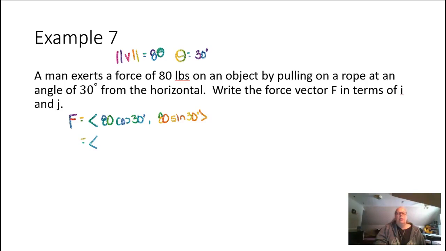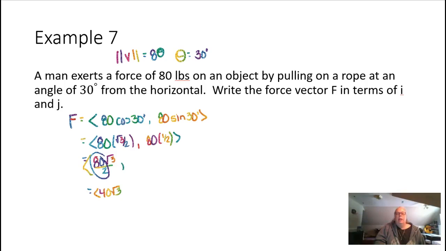Let's see. The cosine of 30 degrees is square root of 3 over 2. And the sine of 30 degrees is 1/2. All right, over here we're going to have 80 times the square root of 3 over 2. But this fraction right here reduces. That actually reduces to 40 times the square root of 3.